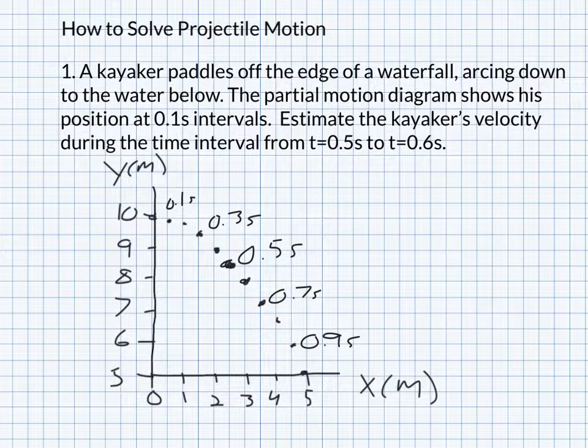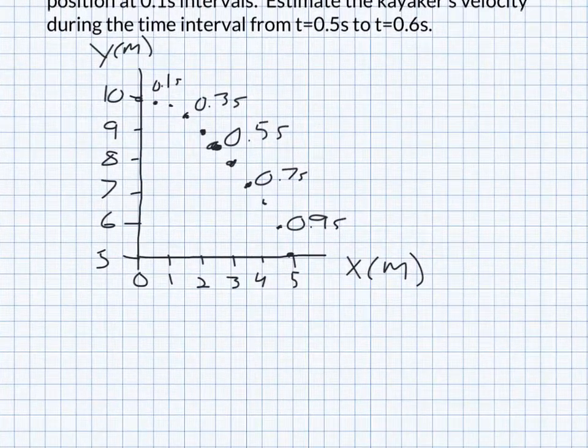Obviously, the path the guy takes is this kind of curved path, but that's not really going to help us. We're gonna estimate. So by estimating, we're just gonna pretend that between 0.5 and 0.6 is more or less uniform motion, even though we know he's accelerating during that point.